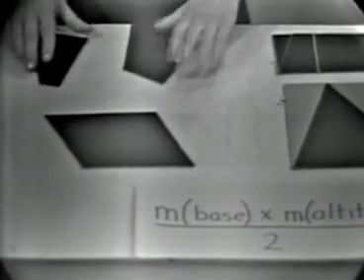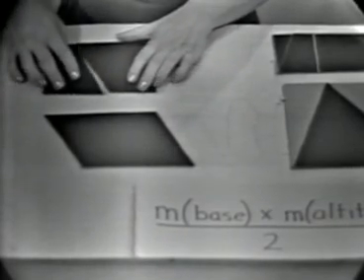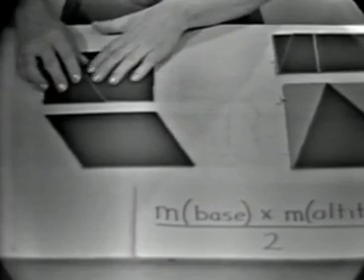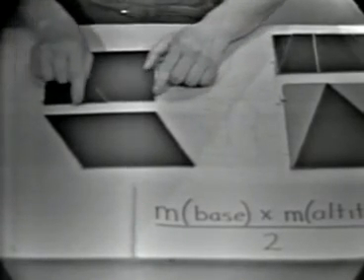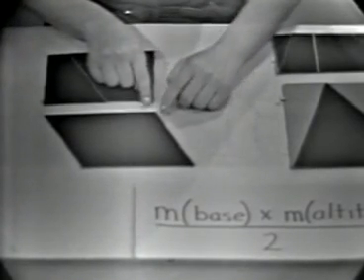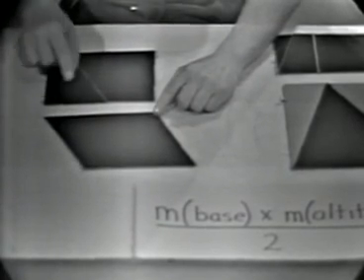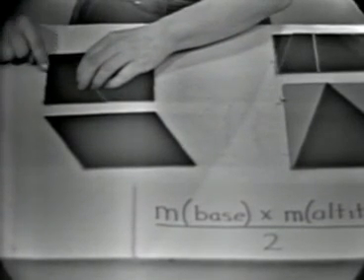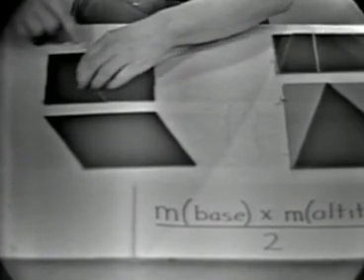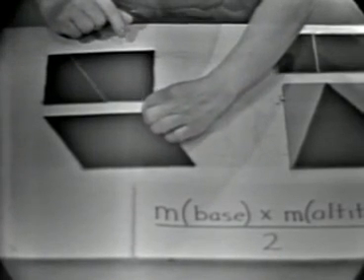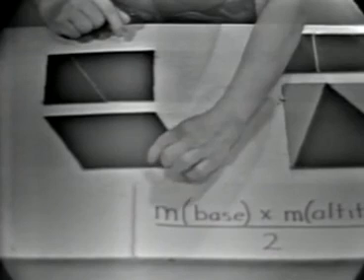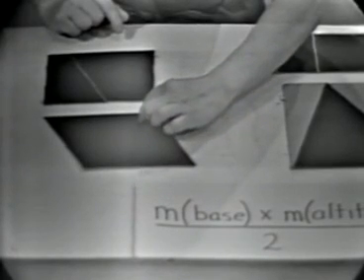We build a rectangular region whose base is equivalent to that of the parallelogram, whose height is equal to the height or altitude of the parallelogram.